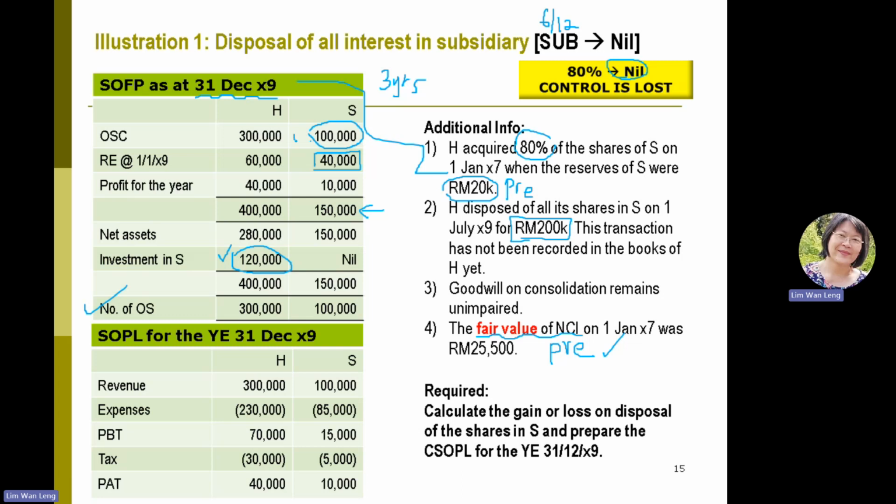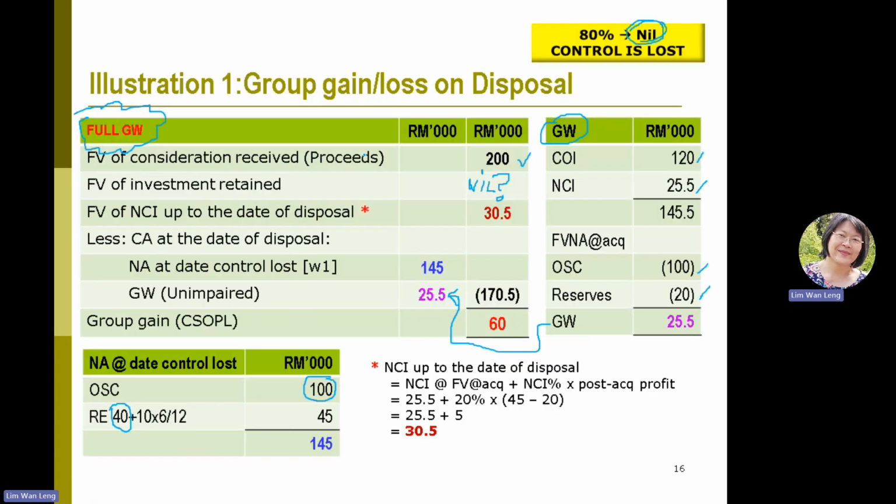So which means this is still part of my net asset. This is still part of my net asset. But this particular profit for the year, I need to split because the last 6 months is none of my concern. Okay, so you have to take 6 out of 12. So you have to campur tolak a little bit, then you will get how much is the retained earnings at the date of disposal.